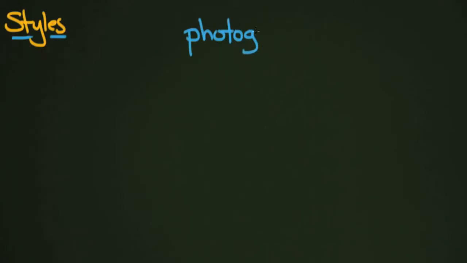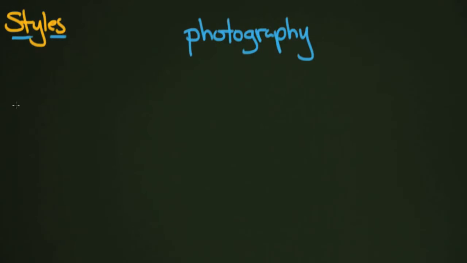So let's start out again. We're going to take a look here at styles. So styles of photography, and these have a lot to do with approach. These are not necessarily the look of the photo, but the actual way that the photograph is being made. And this is a really important distinction for you young photographers out there to understand, the difference between different types of photographers.